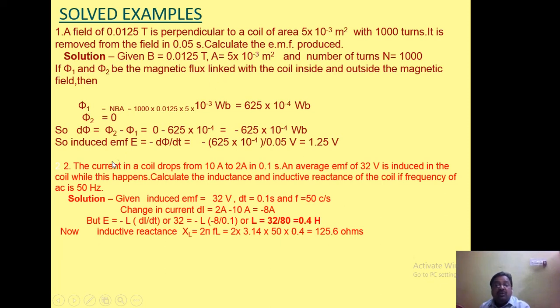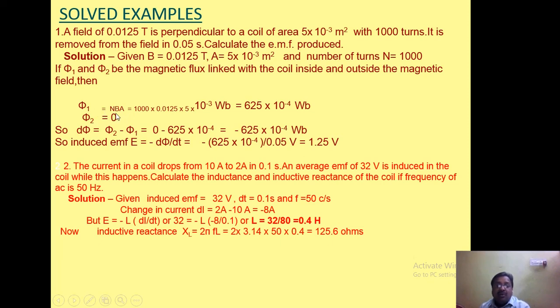So, you know the formula for induced EMF is E equal to minus d phi by dt. Given values are B equal to 0.125 Tesla, A equal to 5 into 10 to the power minus 3 meter square, number of turns N equal to 1000, and if phi 1 and phi 2 are the magnetic flux linked with the coil inside and outside the magnetic field, then what will phi 1 be?